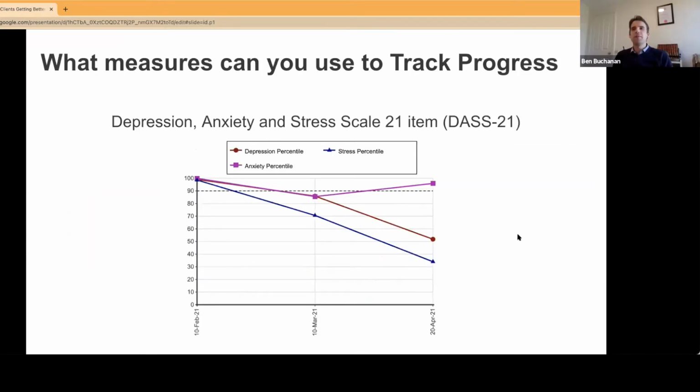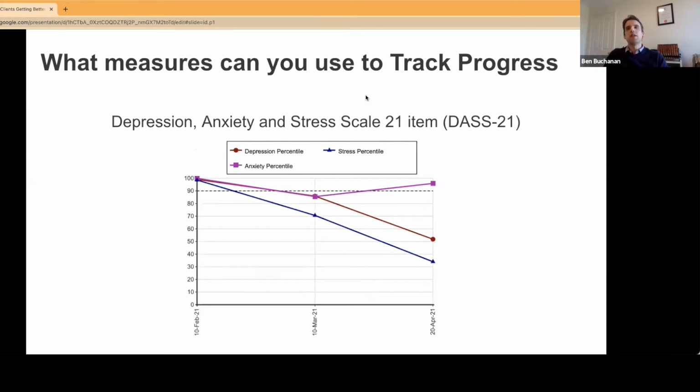Cool. So lots of people ask me when I'm talking to them about routine outcome monitoring, the main question is, which questionnaire do we use? What do we do? And I think there's no one simple answer. Certainly the most used routine outcome measurement within the NovoPsych platform is the DASS. It's widely popular in Australia in particular with Australian psychologists.